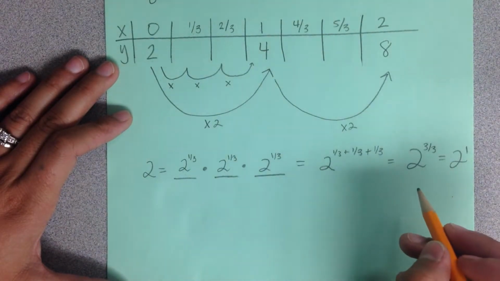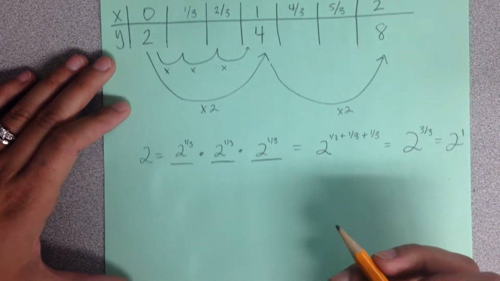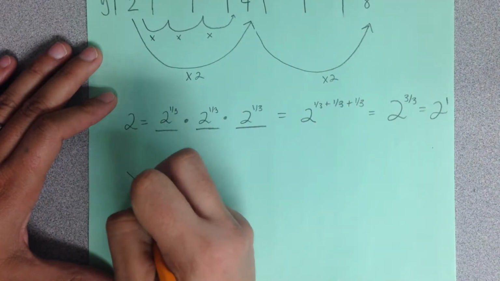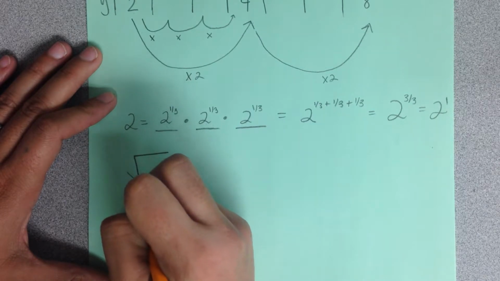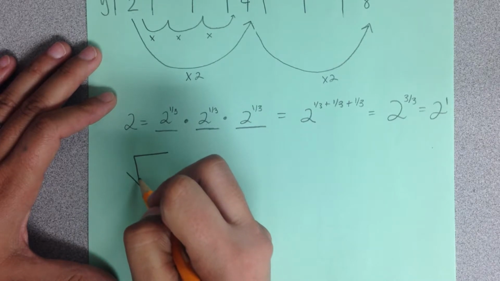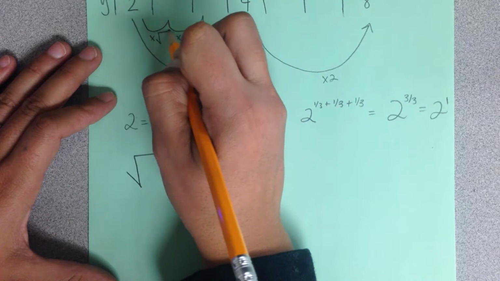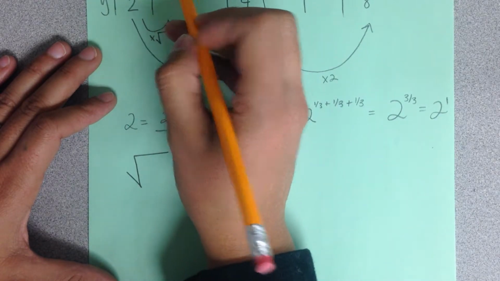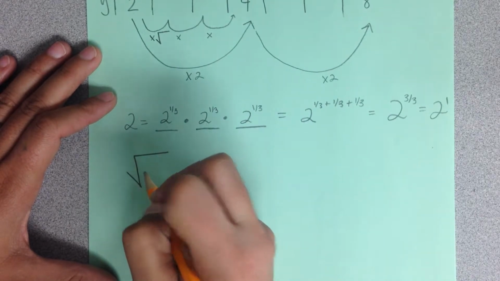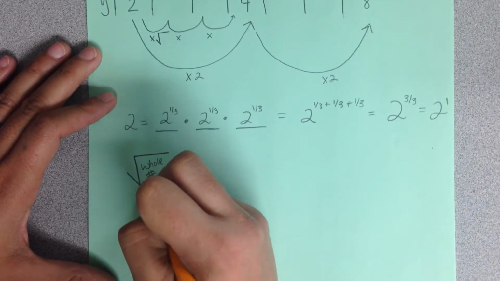So another way you can find this out, and this will work every single time, is to use this radical. You know you're going to be multiplying by some radical here because we're going to have fractions in our exponents. In the radical, the number that goes inside, the radicand, is always the whole number multiplier.